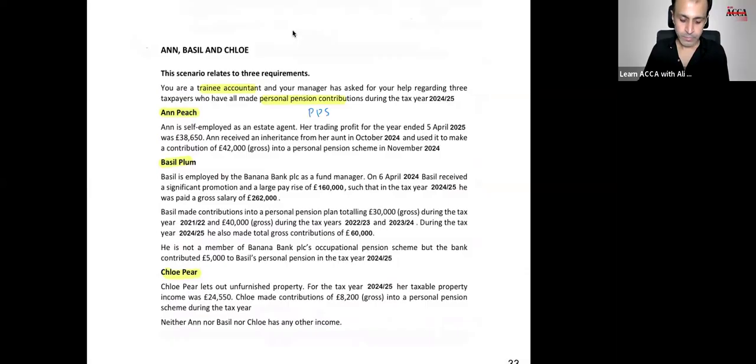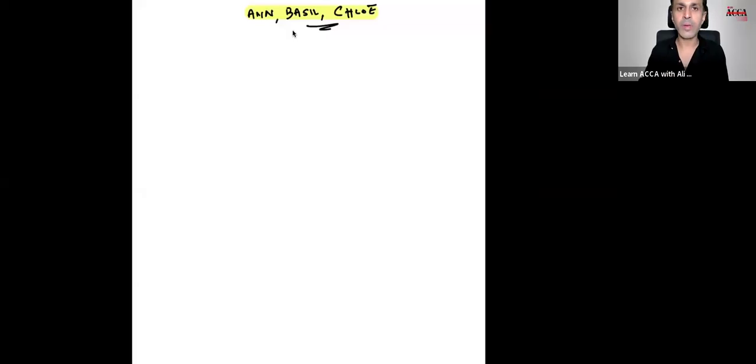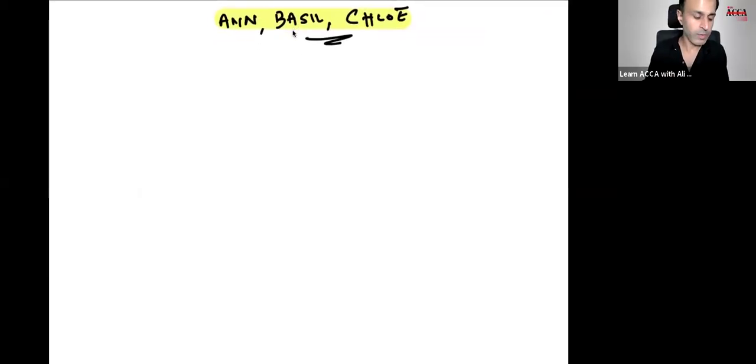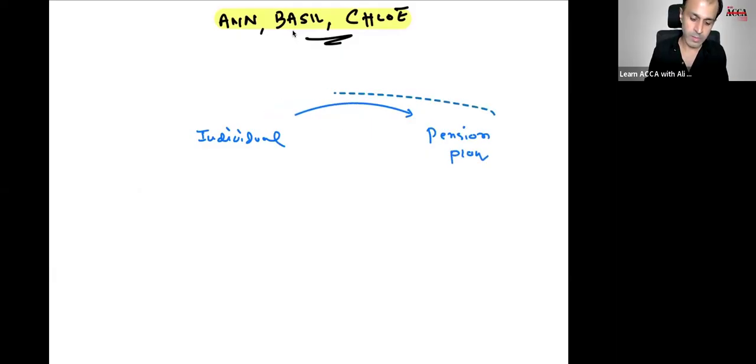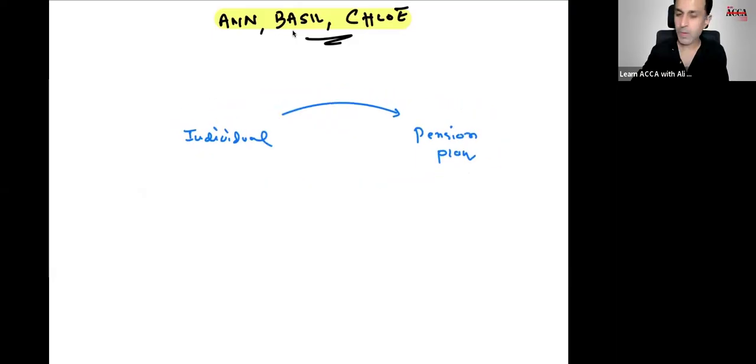Before I get into that, I will give you a quick recap of how pension plans work. This is an individual who comes to participate in a plan, which can even be a pension plan. Just wait for 1 minute.